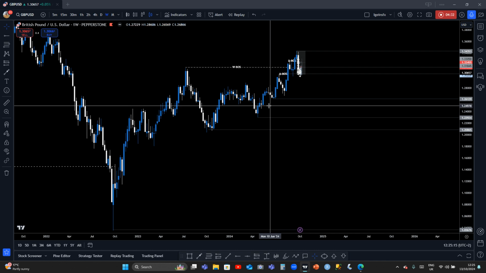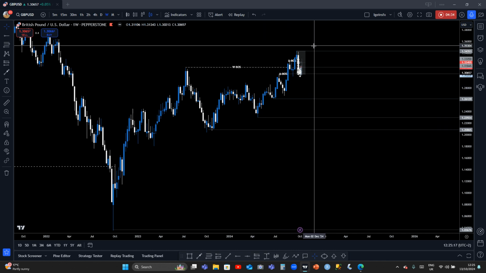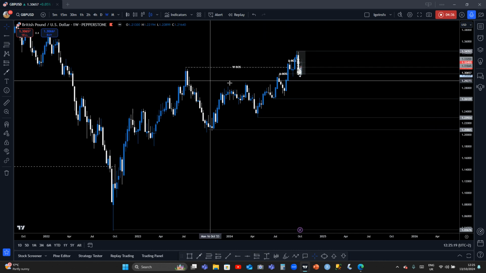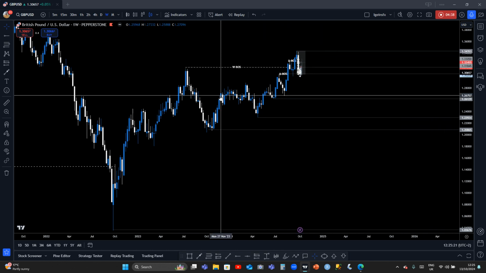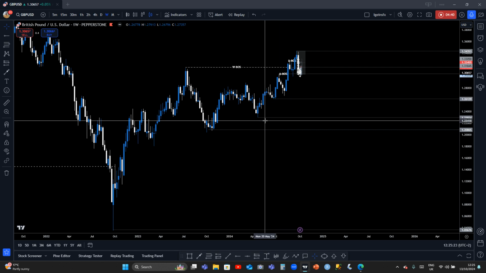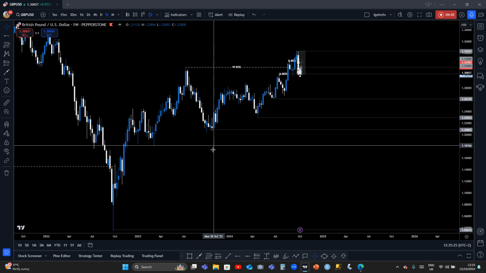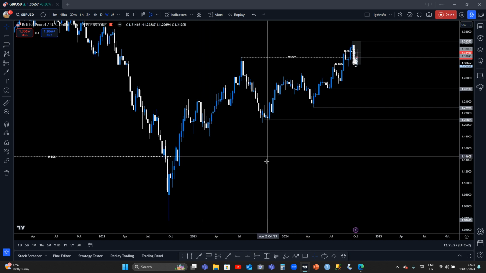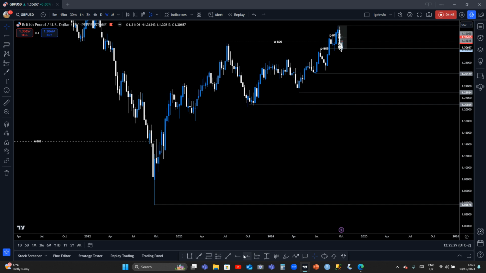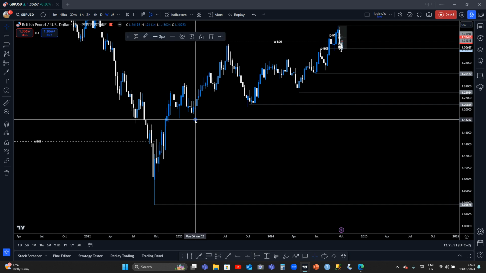Now you see I've mapped out the resistance, support, and all that. So you just do the markings on your own too.